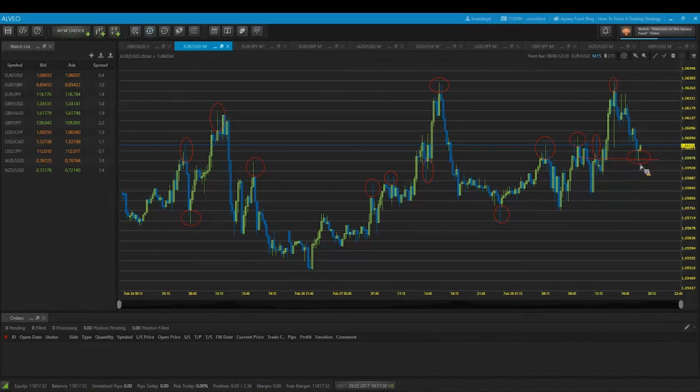And so what I was saying earlier is that it can be an identifiable feature when we're seeing a reversal. So as it comes down right here, we've got some support at this level. It looks like we're getting some kind of rejection at this level.